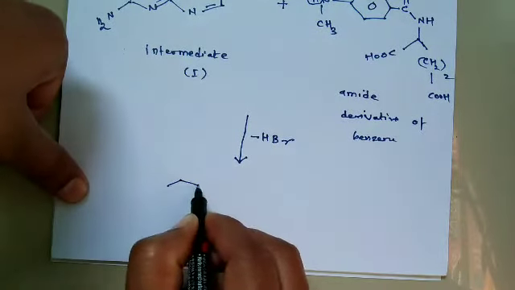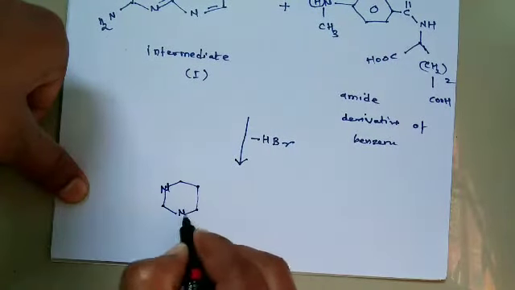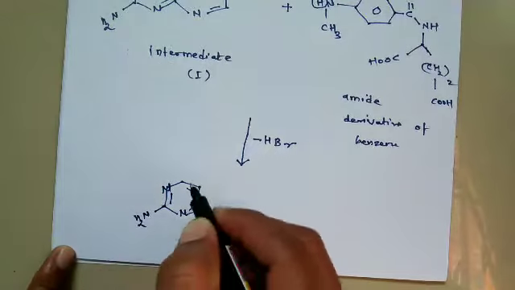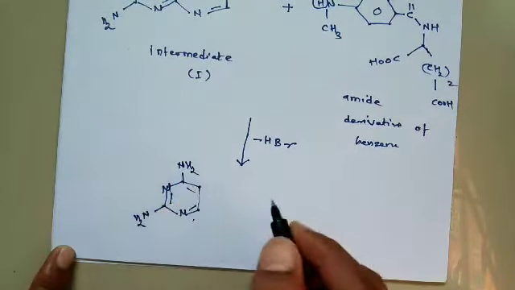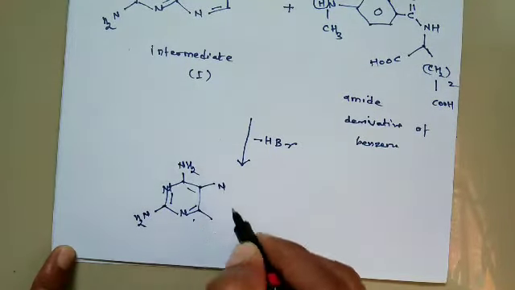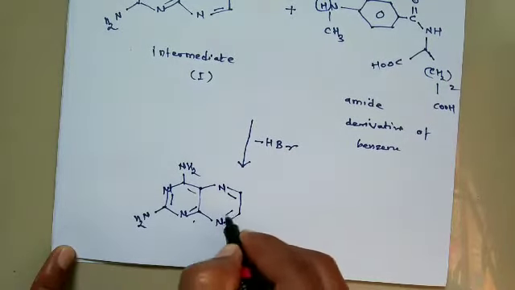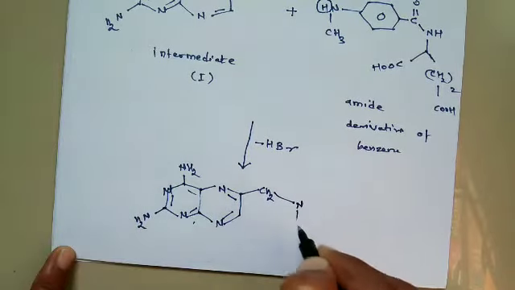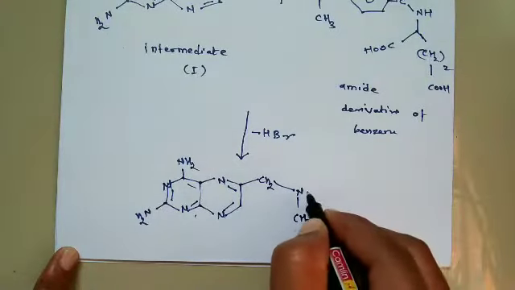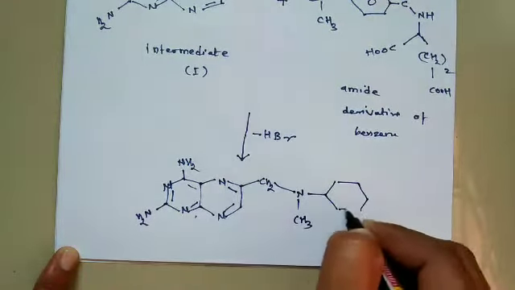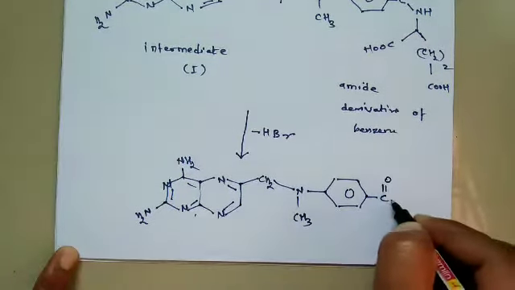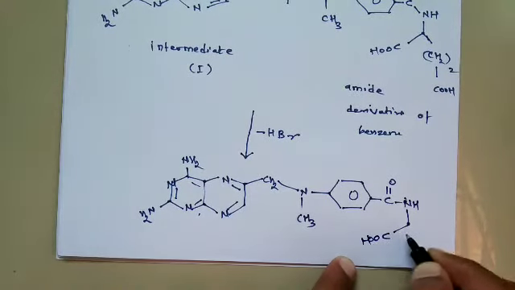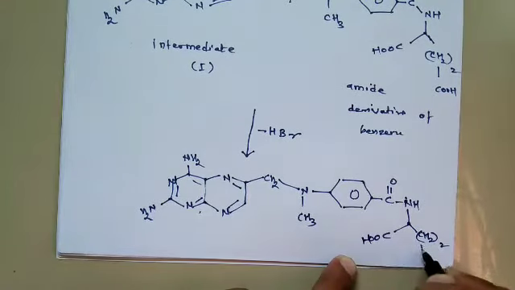How to write the structure? After removal of HBr in the second step, your pyrimidine molecule, the pyrimidine molecule's second position has an NH2 group, then the fourth position has again an NH2 group, and the fifth and sixth carbon fuse with a 6-member cyclic compound, and further this CH2 group is attached with NCH3, and this nitrogen is attached with a benzene ring, then C double bond O NH, and this NH group is attached with COH acid group and CH2 2 times and COH group.